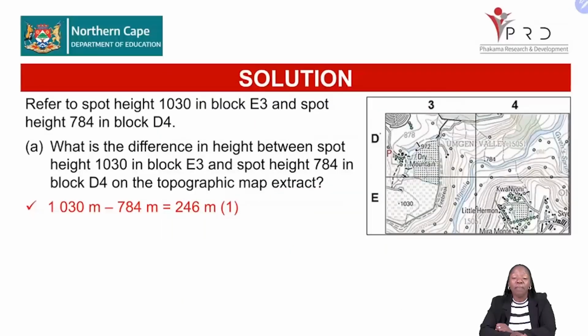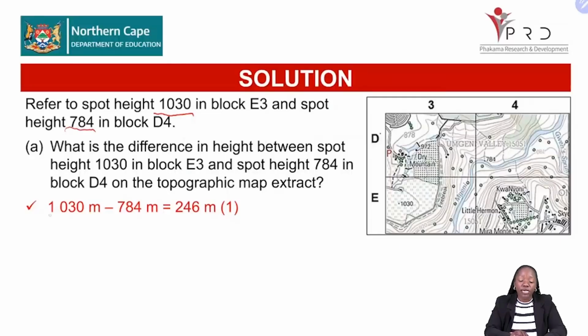Right? Remember, when the question is asking about the difference in height, it means you need to subtract the smaller height from the bigger height so that you remain with one height, the difference between the two. So our spot height 1030 is bigger than 784.